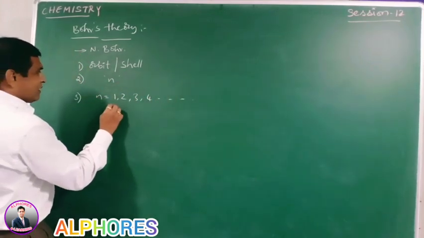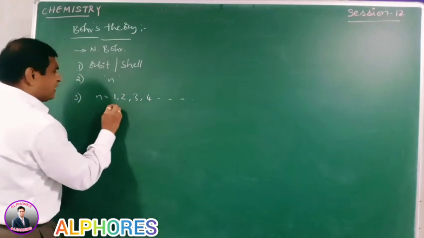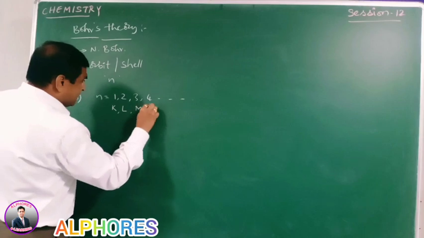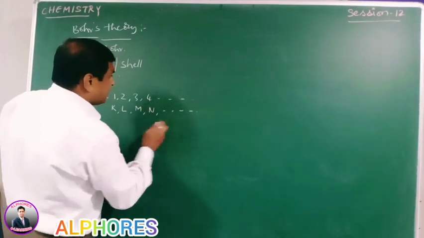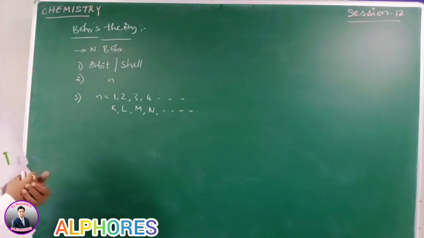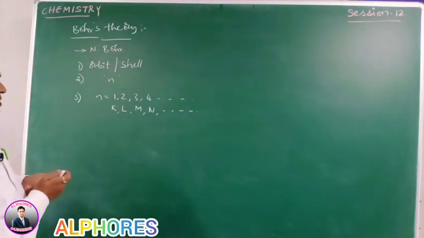The same orbits can also be identified by K, L, M, N, O, P, Q and so on, shells. That is the designation of the various orbits.